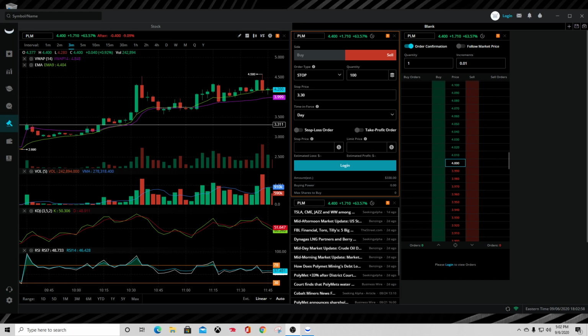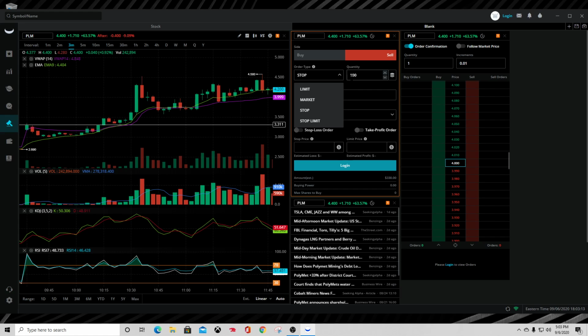Now, there's also another stop order called a trailing stop. For some reason, this desktop version doesn't have it, but it is in your Webull app, and a lot of other platforms have it.